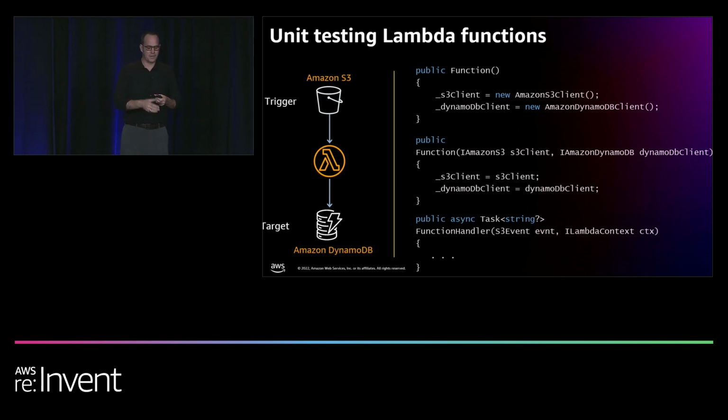And that Lambda function will be triggered when a new file is saved on S3. And when a new file is saved on S3, the Lambda function will wake up magically, read that file, process it, and save the result in a database, in this case, DynamoDB.